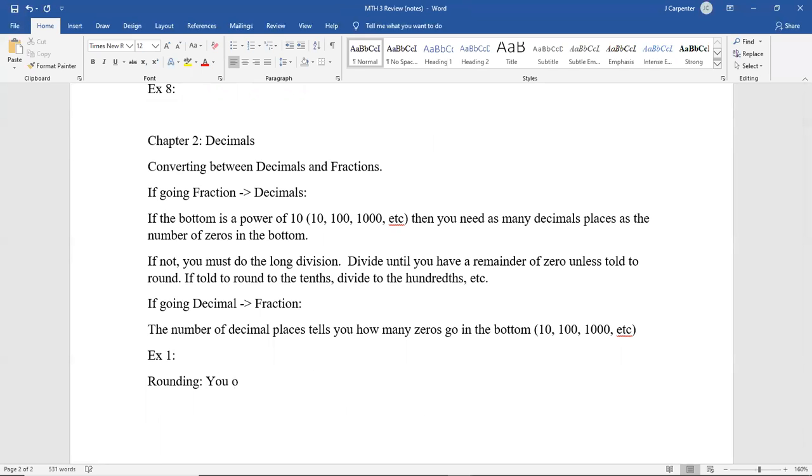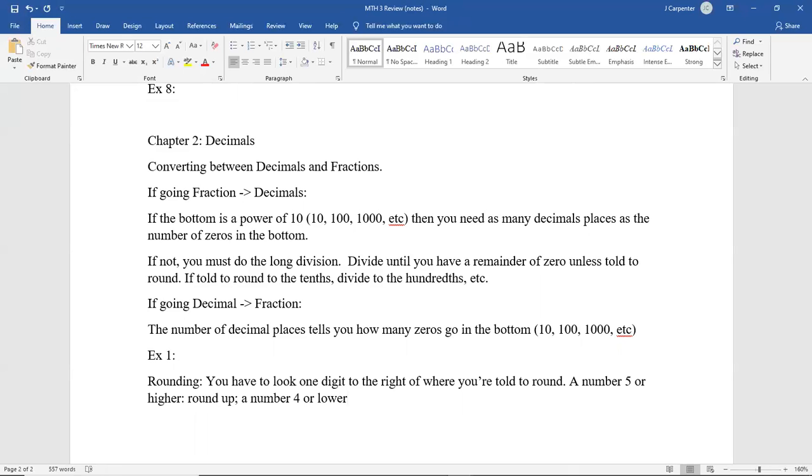You have to look one digit to the right of where you're told to round. A number 5 or higher, you round up. A number 4 or lower, including 0, you round down. Now remember, rounding up means the digit where you're told to round to increments by 1, meaning it adds 1. If you round down, it stays the same value and you just cut everything else.